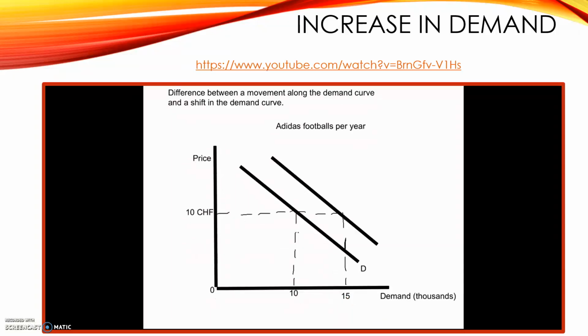The shift in the demand curve is caused by a non-price determinant of demand. This means that if one of them were to change, we would see a shift in the demand curve, also creating an increased demand, however, keeping the same price.